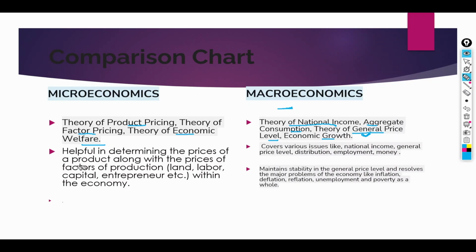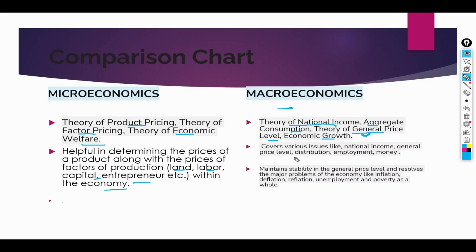Now next difference is that microeconomics is helpful in determining the price of the product along with the price of factors of production. Okay, so what are the factors? Land, labor, capital, entrepreneur within the economy. So what are the factors leading to the production of goods and how it varies the prices?